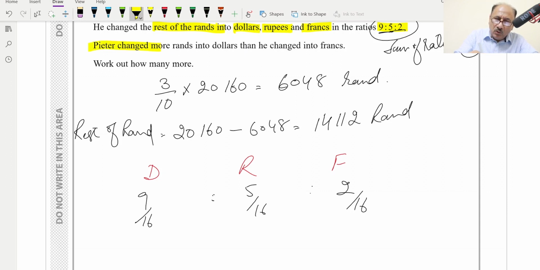Peter changed more rand into dollars than he changed into francs. Work out how many more. So we will check how much will be converted into dollars.